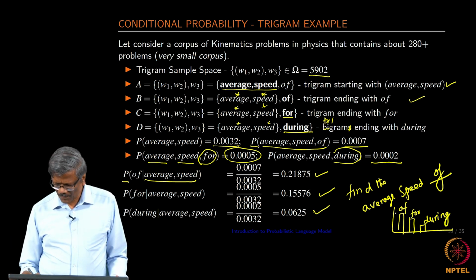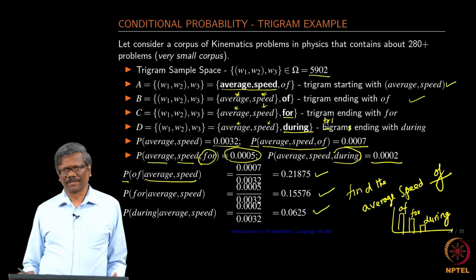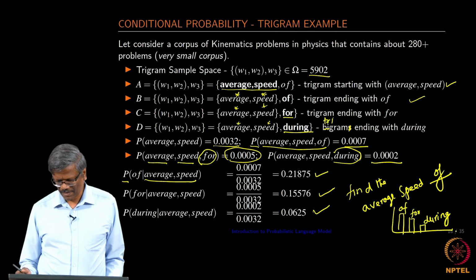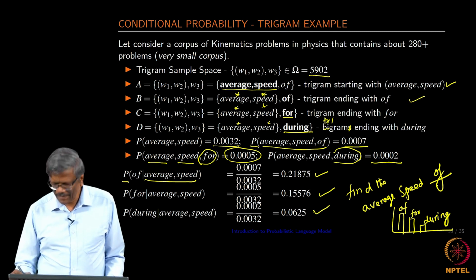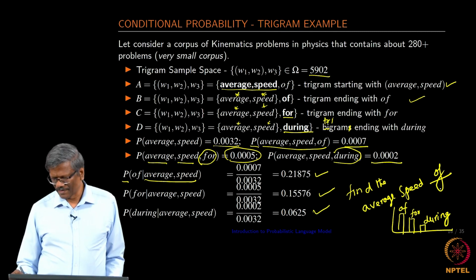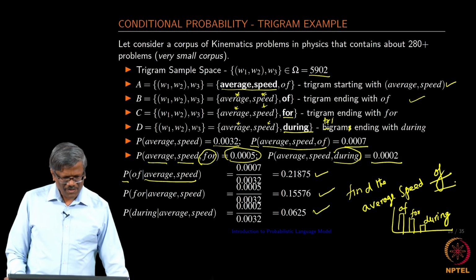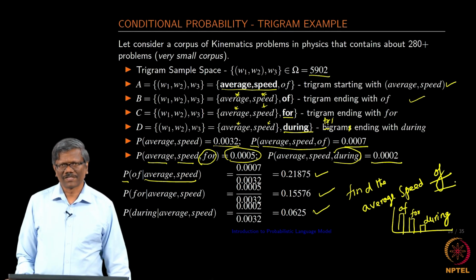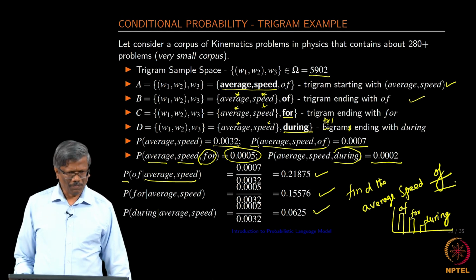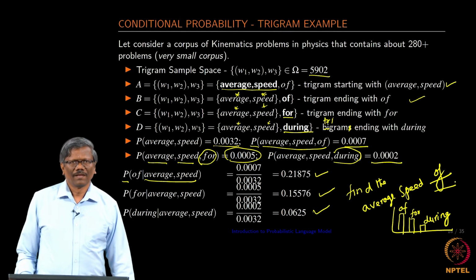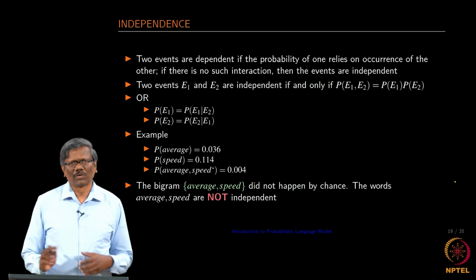So, given the knowledge that this is how the probability is available, the most likely word that we will pick is of. Okay. So, I wish you have understood the concept of conditional probability with respect to what we are doing in the natural language processing. Okay. Let us move on to the next one.